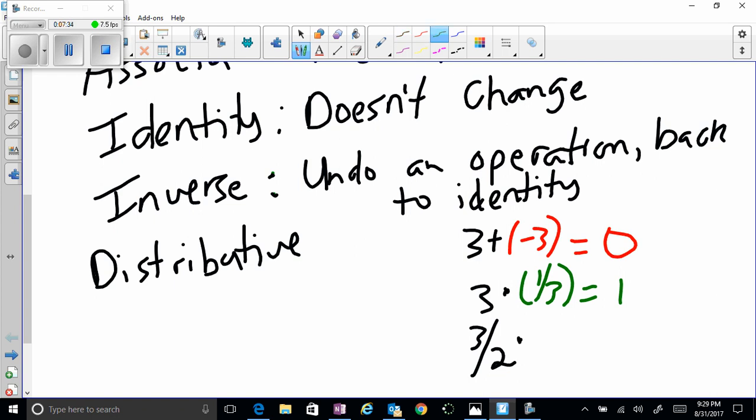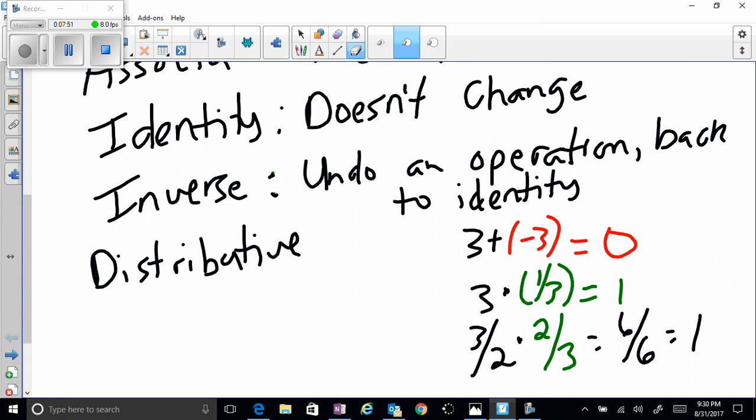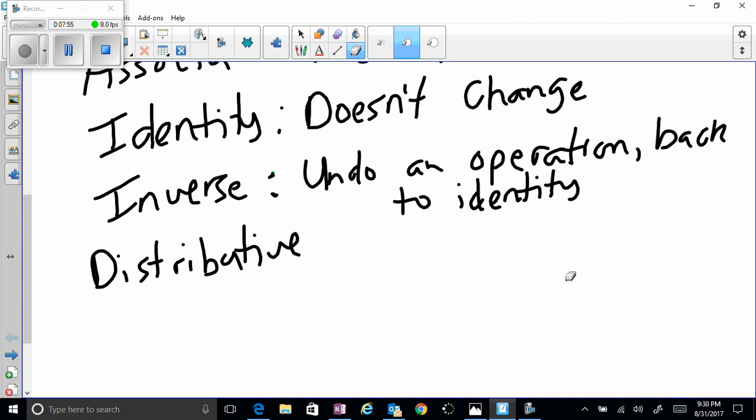Now if you have a normal fraction, it's a little bit easier to even recognize. Well, that reciprocal would be 2/3, which then would be, if we multiply the tops and the bottoms, we get 6 over 6. Well, that is 1, which is your identity. So the additive inverse is opposite, and the multiplicative inverse is reciprocal. And that is what will get you back to the identity.